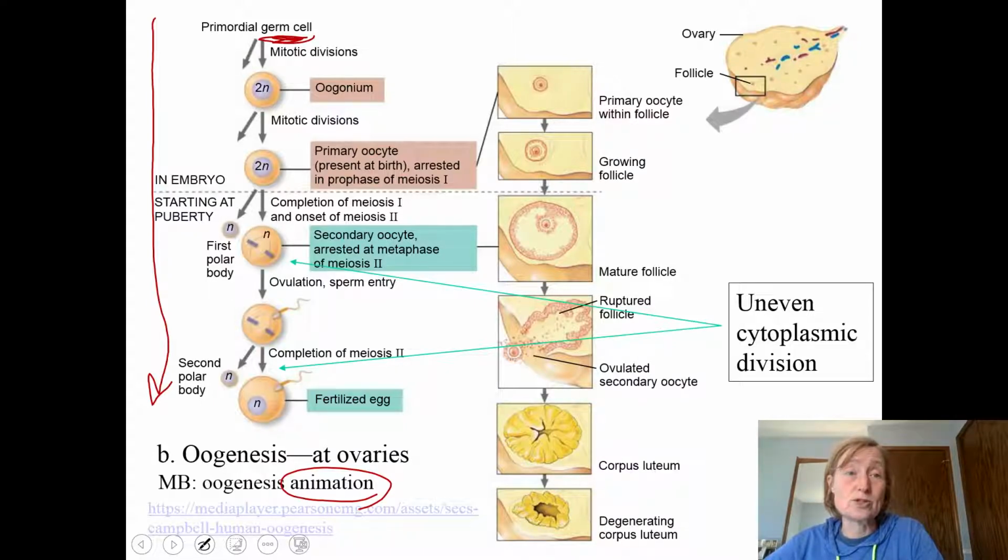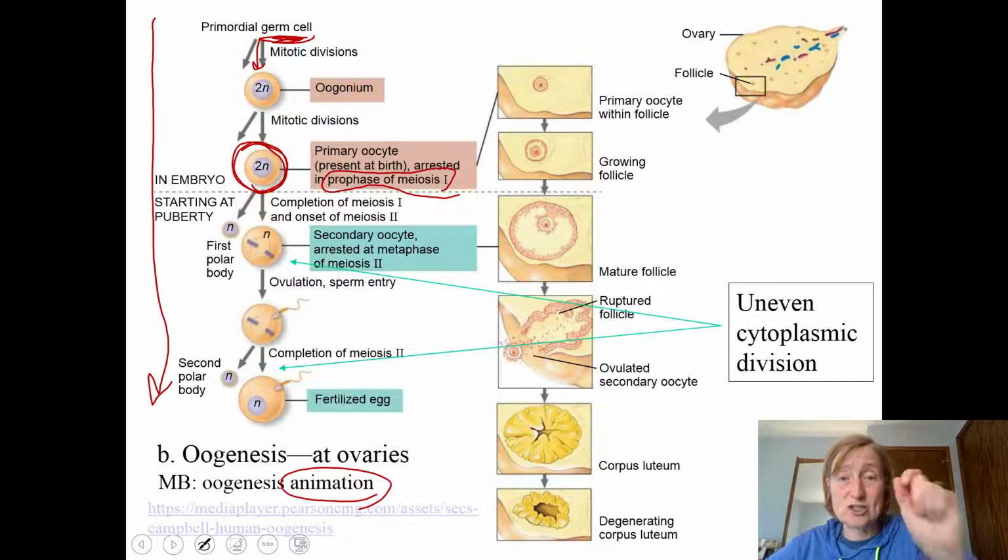A primordial germ cell goes through mitosis to make oogonia. They go through more mitosis to develop into what's called a primary oocyte that has started meiosis 1 but hasn't finished it yet, okay? Then the baby is born with like 400,000 of these primary oocytes.